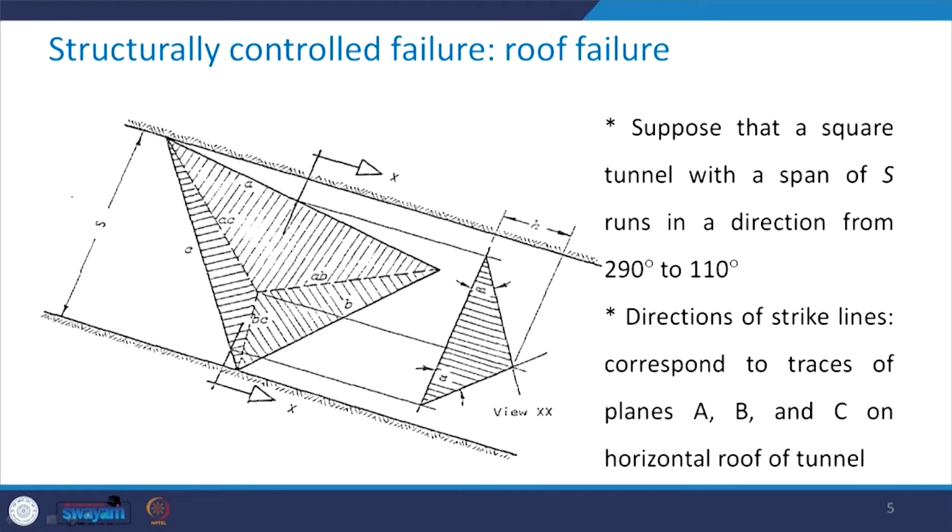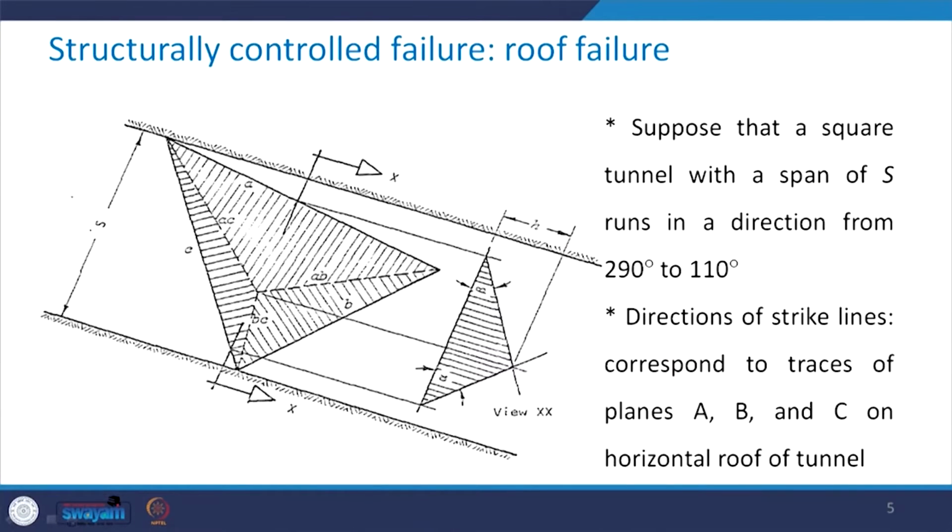Now, say there is a square tunnel with a span of S and it runs in a direction from 290 degree to 110 degree. Here you see the span S of the tunnel has been shown. This is the plan. Now, these directions of the strike lines will correspond to the traces of planes A, B and C on the horizontal roof of the tunnel.